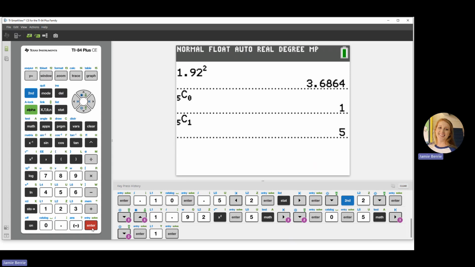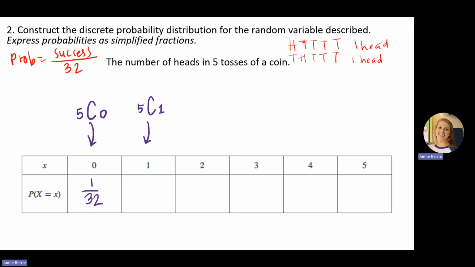So there are 5 ways that we could have 1 head, which makes sense based on what I started drawing up here. You could have the head in the first position, the second, the third, the fourth, or the fifth position. So those are all of your options for how you could get 1 head. All right, so 5 out of 32.